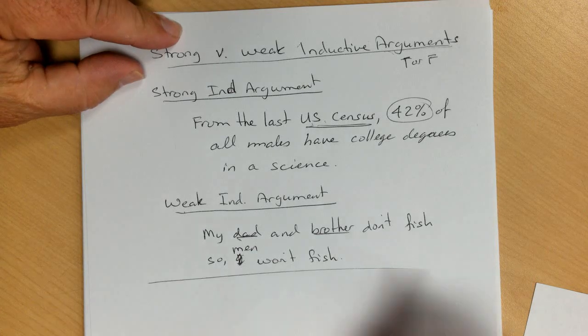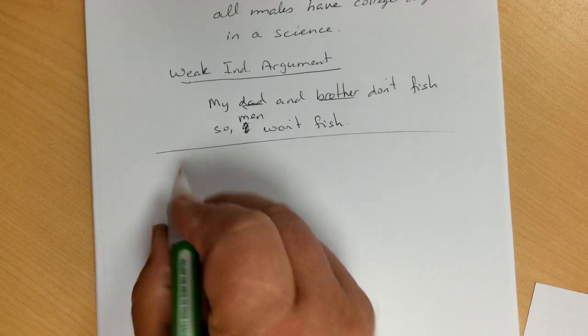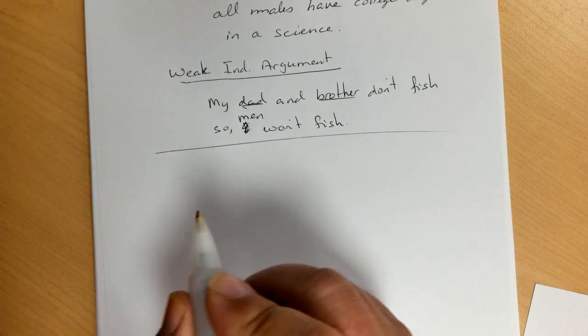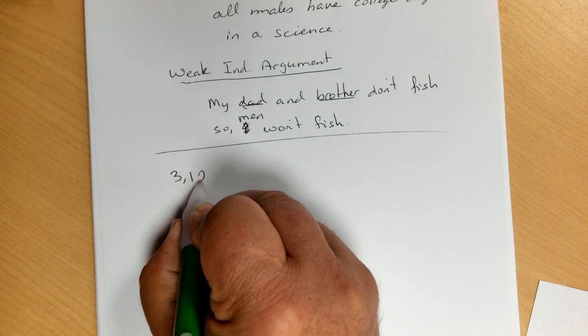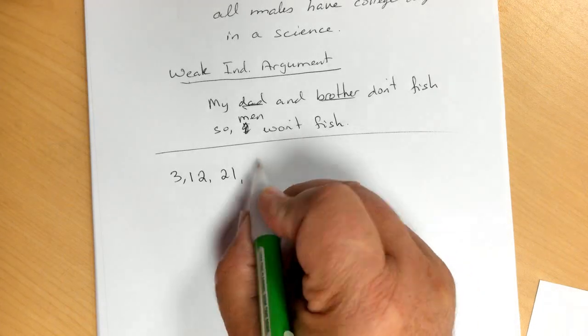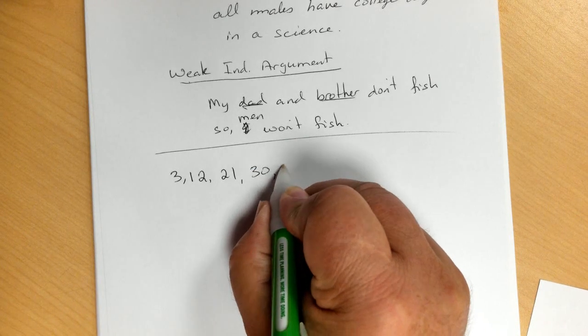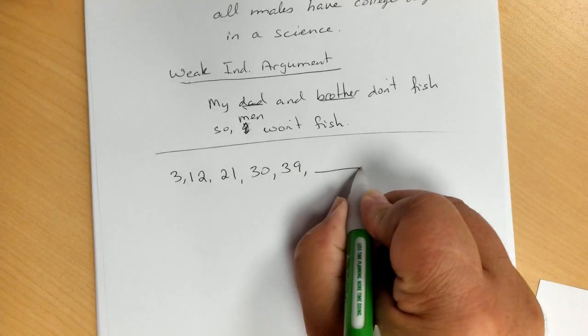Let's look at some more examples with reasoning. The numbers are 3, 12, 21, 30, 39.